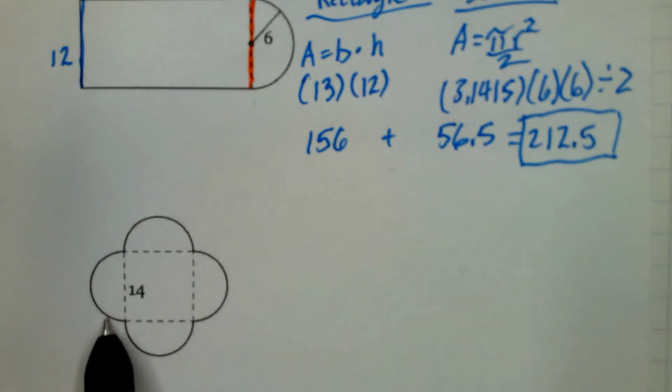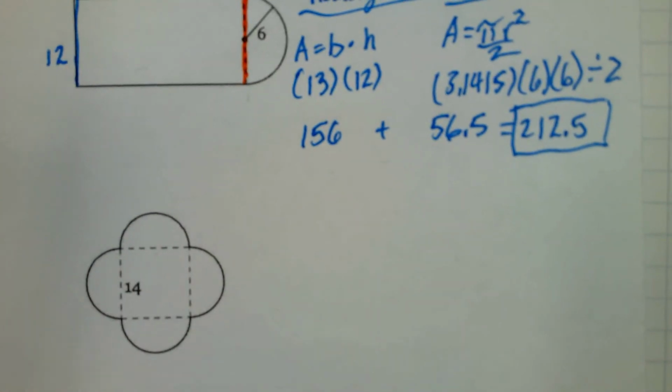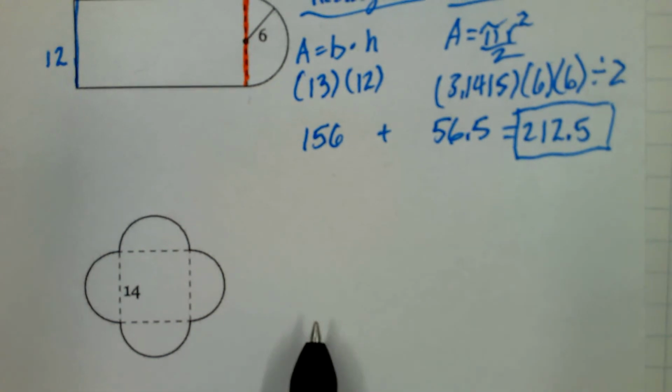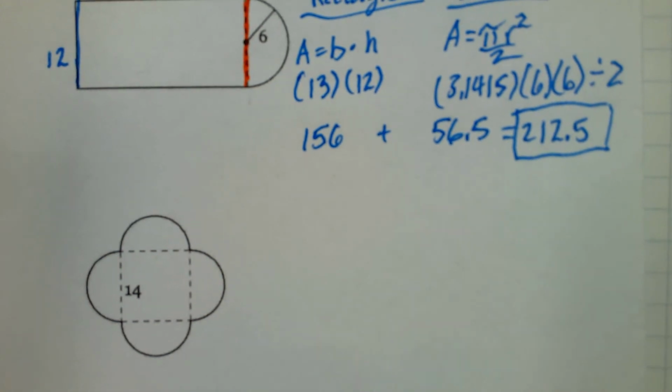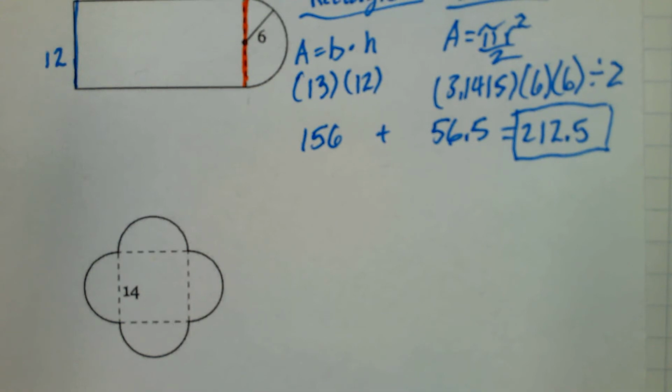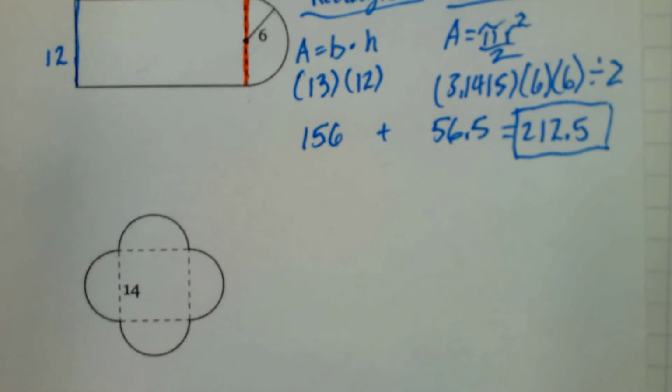So we have 1, 2, 3, 4 semicircles. How many full circles would that make? 2. So we can figure out the area of 1 square and 2 circles. And that's basically what we have here. We could find the area of 1 circle and then just times it by 2. I think that's what we're going to do.